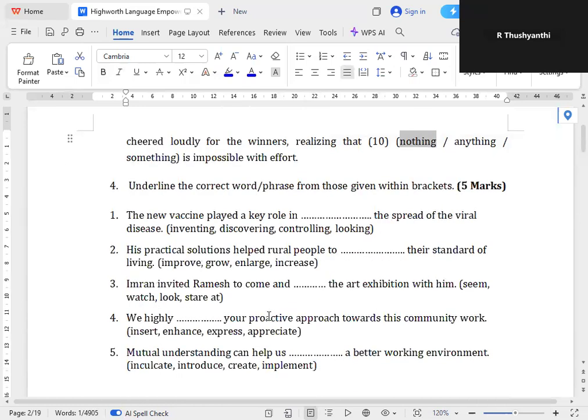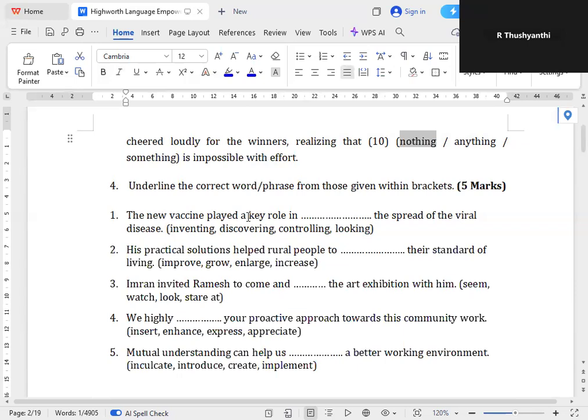There are 5 sentences with some spaces and there are 4 words for each sentence. One of those words is correct. So let's try that. First one: the new vaccine played a key role in the spread of the viral disease.